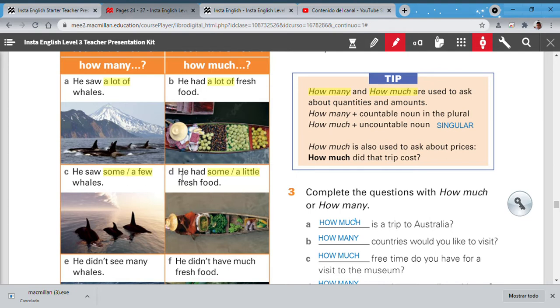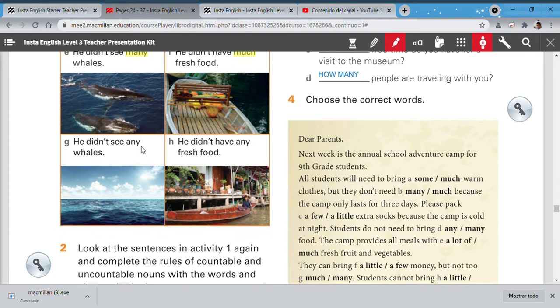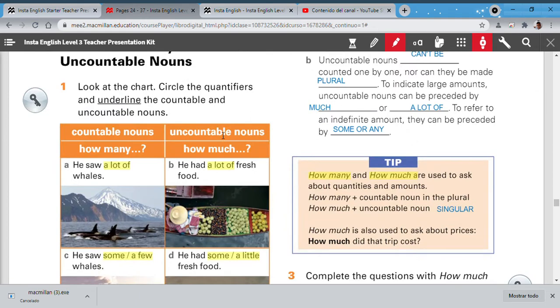Teacher, can be a few for little? Yes, I'm going to explain you later. And here, many, and much. Let's see here, any, and any. Okay, listen, those are our quantifiers.